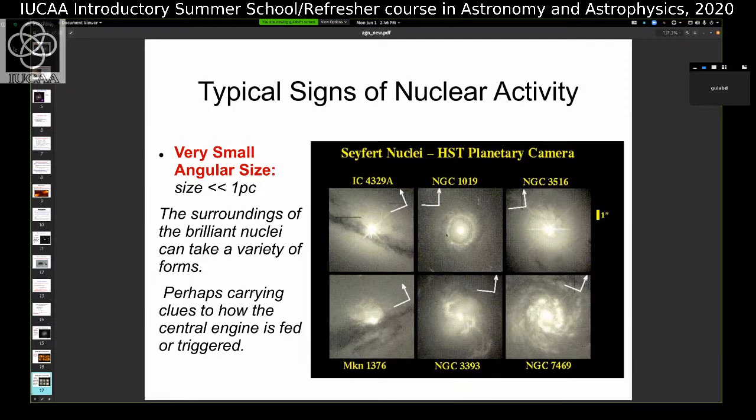In another active galaxy, NGC 1019, there is a ring-like structure. So you see complex structures in the central regions, which also have a very bright nucleus. And perhaps these complex structures are carrying some clues to how the central engine is fed or triggered. Essentially, how the AGN is triggered or fed.